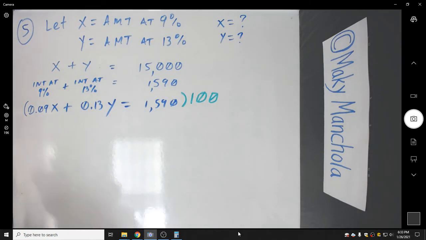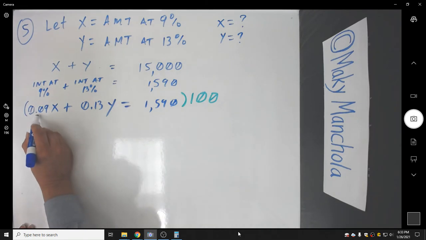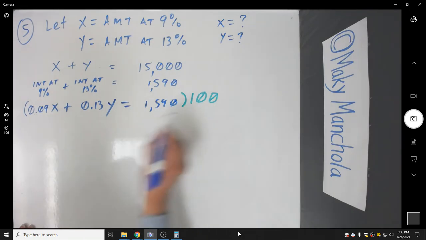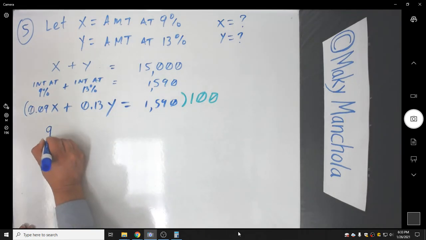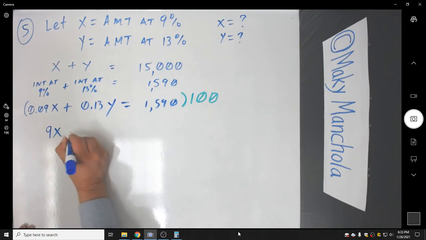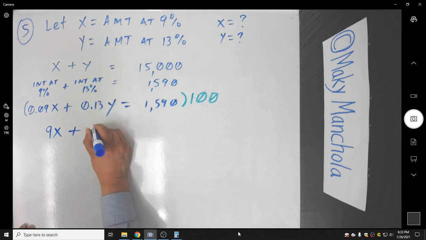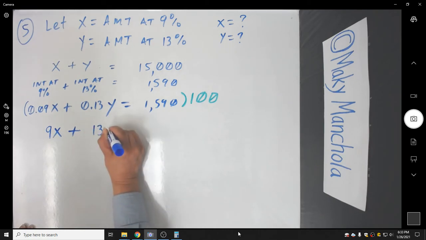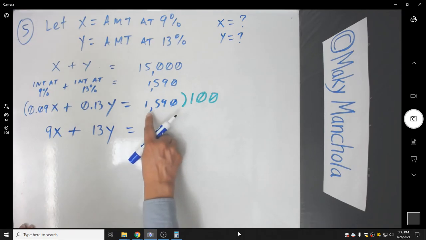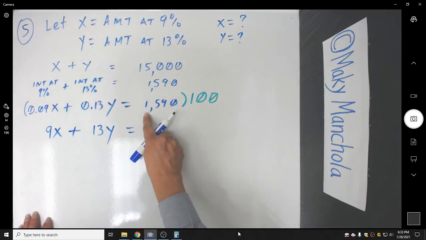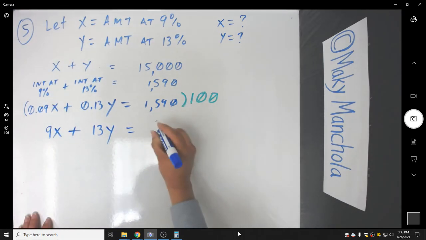Okay, so here's what we get. 0.09 times 100 is 9, so that first term is 9x, plus 0.13 times 100 is 13, so that second term is 13y, equals 1590 times 100, which is 159,000.